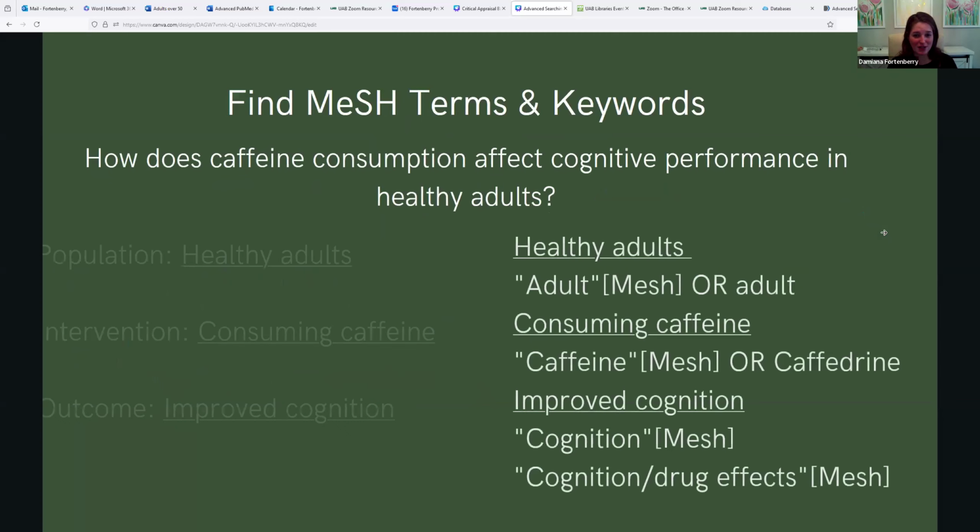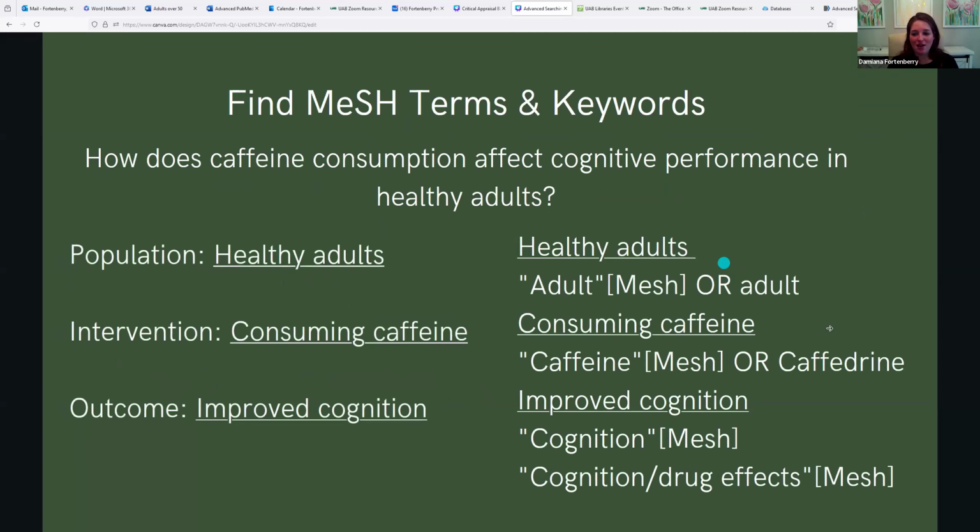So finding our MeSH terms and keywords, I have gone ahead and found some MeSH terms. So we did look for adults. That seems appropriate for this one, whereas for the last question, middle-aged was more appropriate. I have the keyword adult. It's great.